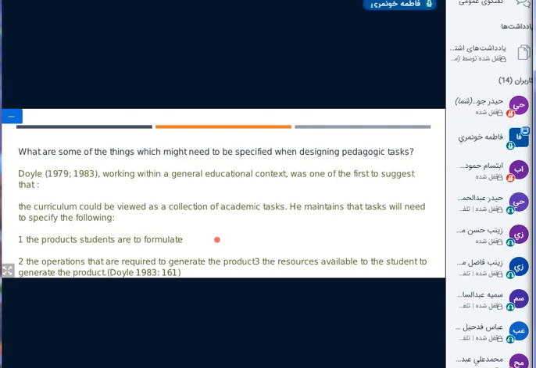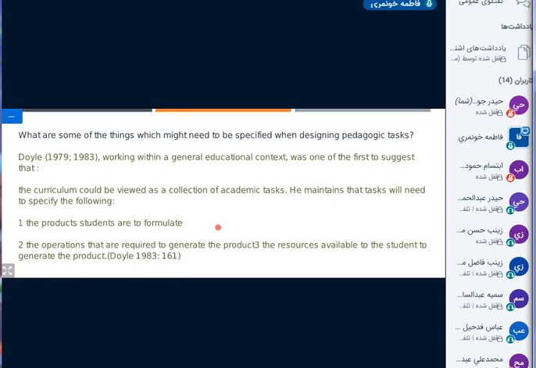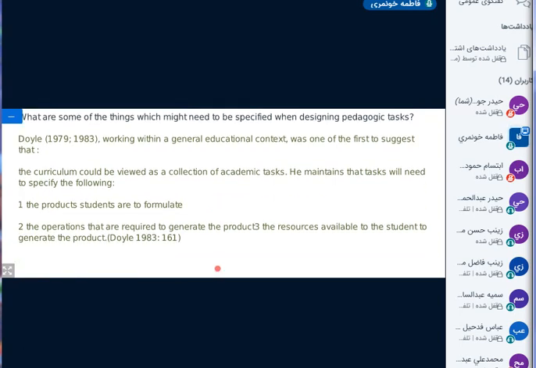In order to select pedagogic tasks or design some pedagogic tasks, there are certain things that need to be specified. The things which need to be specified are of two types. One is what sort of product you expect your students to produce as a result of engagement in the task.